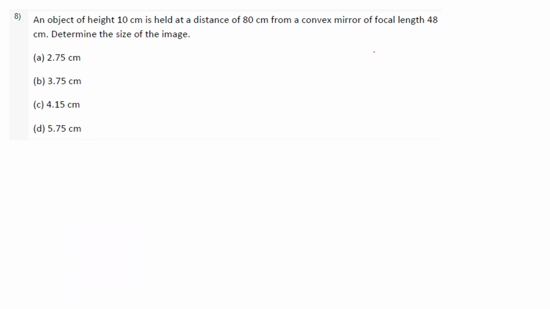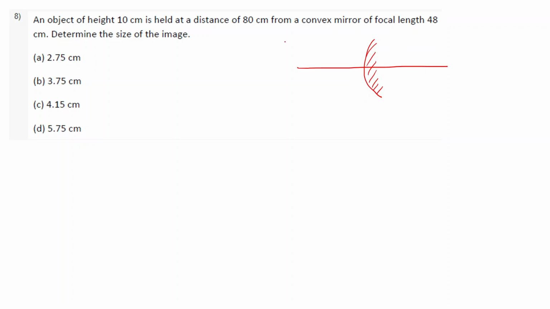Basically sign convention won't change, we have to just keep in mind the direction of light from the object. Because we are always drawing it this way, again to keep it clear, this is our convex mirror and principal axis.